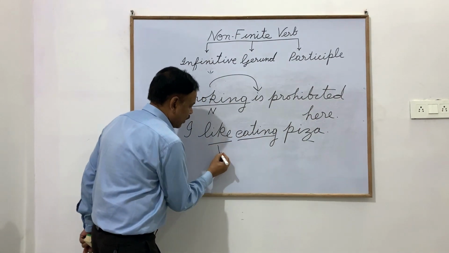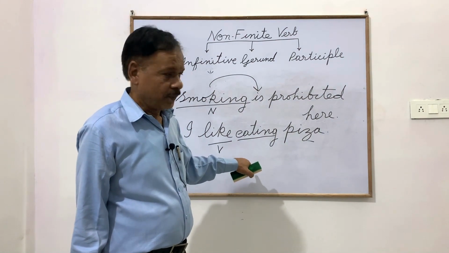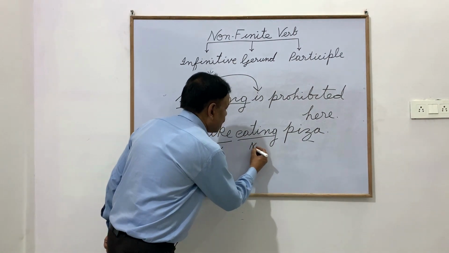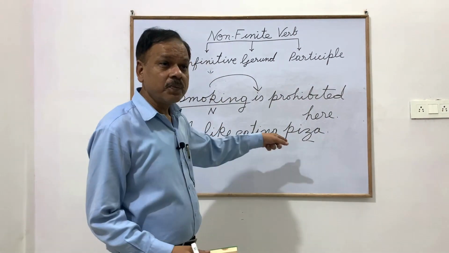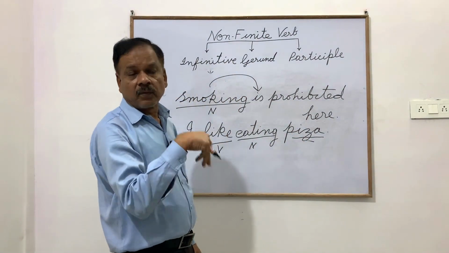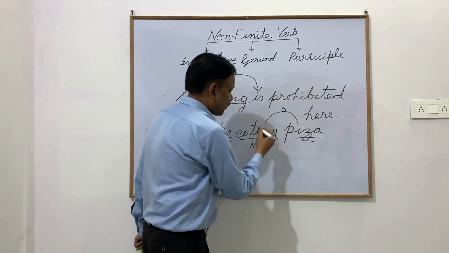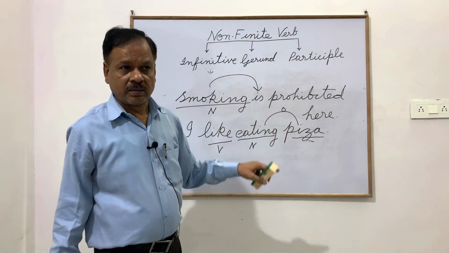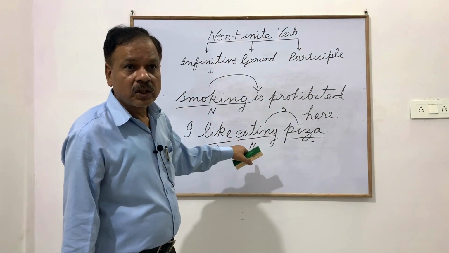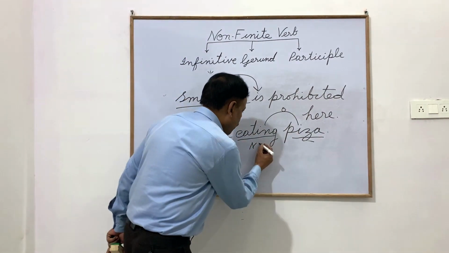This is the object of the verb like. So in that sense, it's functioning as a noun. But it also takes an object, just like the infinitive did. We have seen, just like the infinitive did, it also takes an object. Here, this is the object of the gerund, pizza. So it is functioning as a noun as well as a verb.